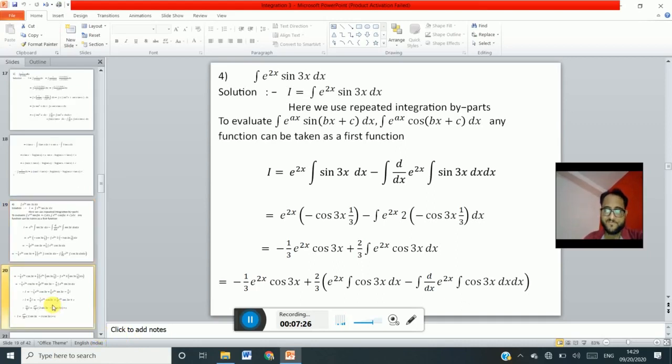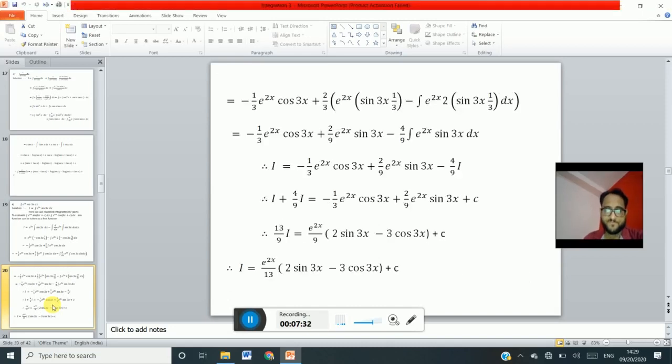Again simplifying, we get minus 1 by 3 e to the power 2x cos 3x, the same, and plus 2 by 3 e to the power 2x sin 3x into 1 by 3 minus integration of e to the power 2x into 2 into sin 3x into 1 by 3 dx, right.